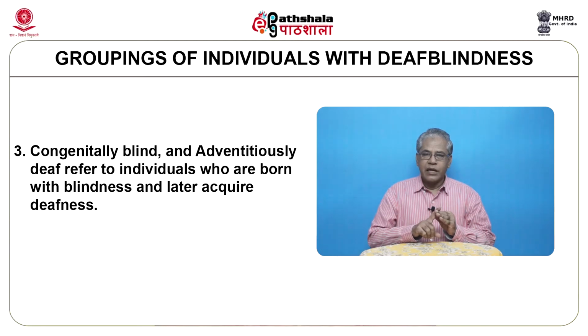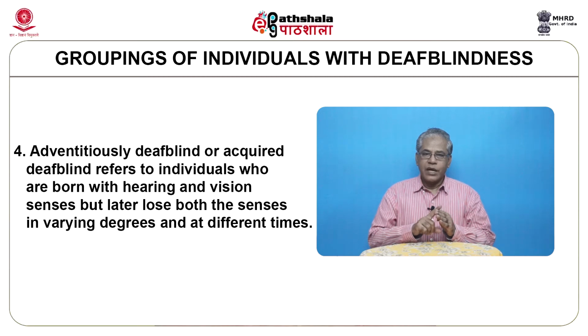Congenitally blind and adventitiously deaf refer to individuals who are born with blindness and later acquire deafness. 4. Adventitiously deafblind or acquired deafblind refers to individuals who are born with hearing and vision senses but later lose both the senses in varying degrees and at different times.